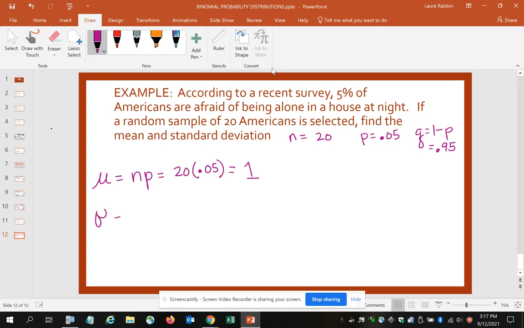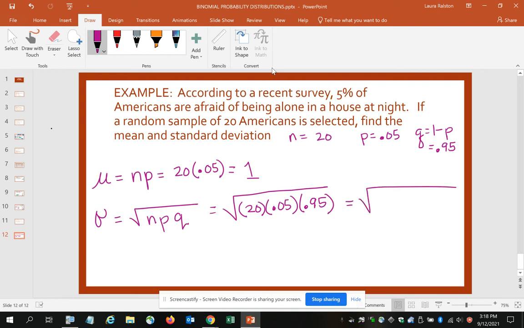The standard deviation is the square root of n times p times q. So we would have the square root of 20, which is my sample size, times 0.05, probability of success, times 0.95, which is the probability of failure.